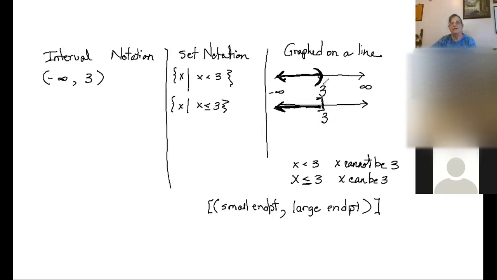We would put a bracket instead of a parenthesis for no reason other than the fact that the equal to is there. And in the interval notation, it would be exactly the same, except we would have a bracket instead of a parenthesis.